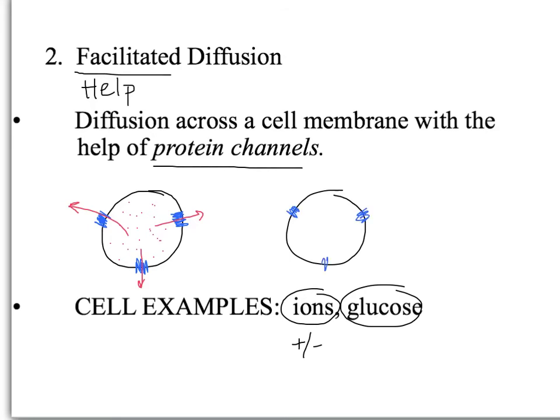They can't go through the phospholipids, so instead they're in high concentration on the outside, so they're going to move into the cell through these different protein channels. That's called facilitated diffusion. Diffusion, still high to low concentration, but with the help of protein channels.